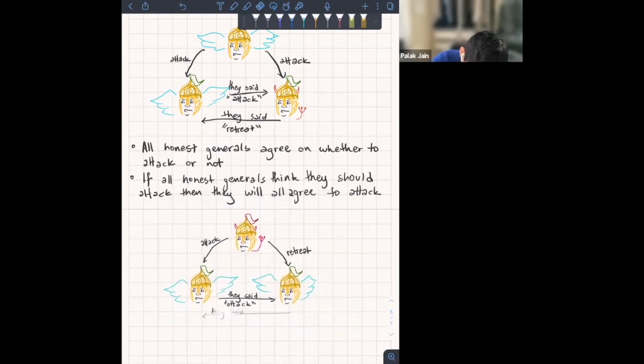Right? And so they're going to get a message from the right that says that I actually got the message to retreat. And what we want here is that this party right here that we had highlighted a minute ago, right? This person would want to output retreat here because we need the honest parties to agree, right?